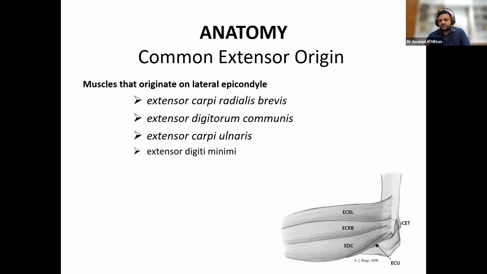Among these four, the most commonly affected muscle and tendon is the extensor carpi radialis brevis, not the longus, because the longus is inserted above the epicondyle. So at the epicondyle, these four muscles are inserted, and among them the most affected tendon is the extensor carpi radialis brevis.